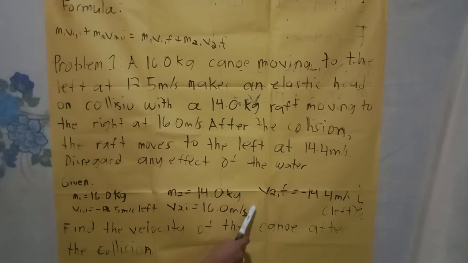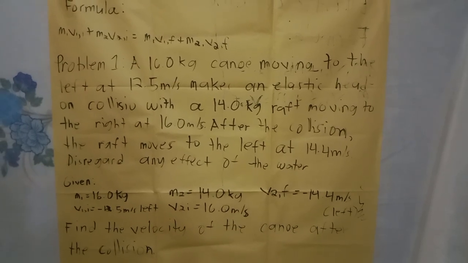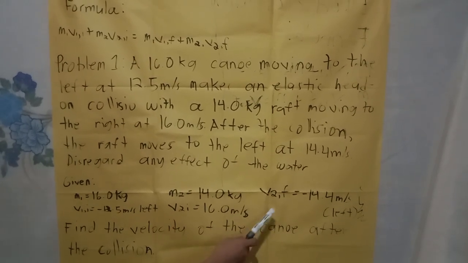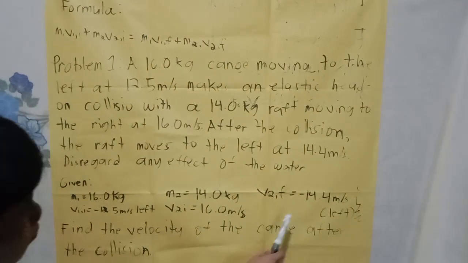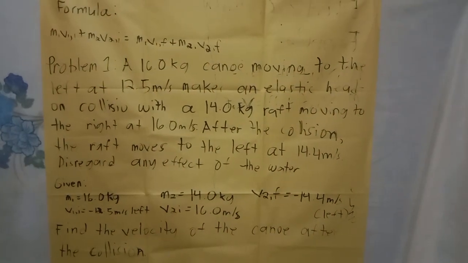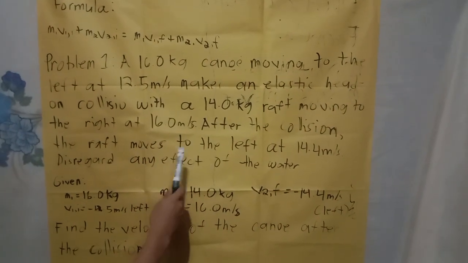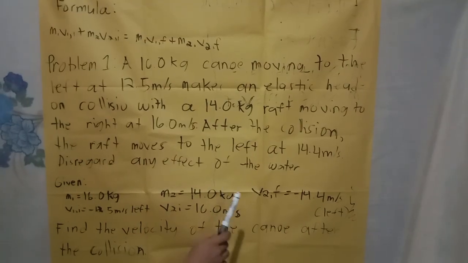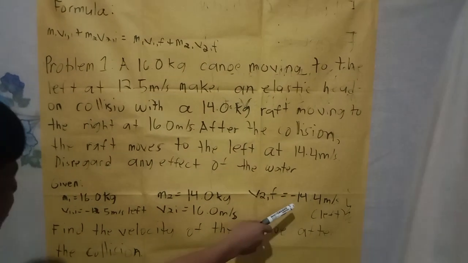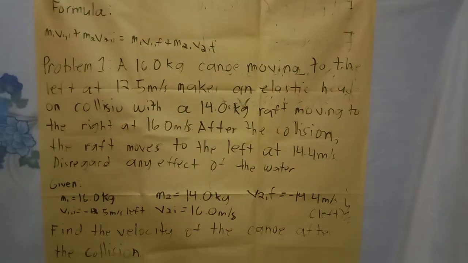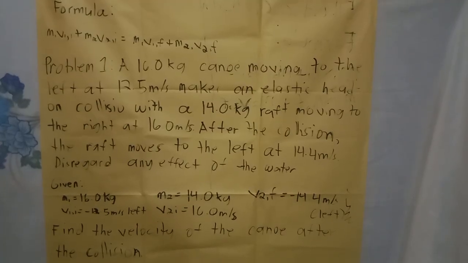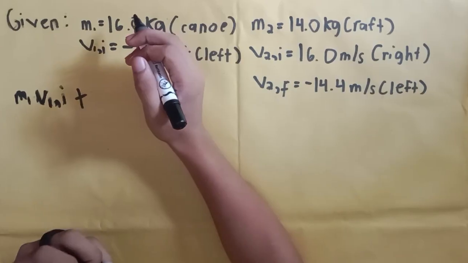The final velocity of the raft is negative 14.4 meters per second, because after the collision the raft moves to the left at 14.4 meters per second. That's why it's negative. So find the velocity of the canoe after the collision.